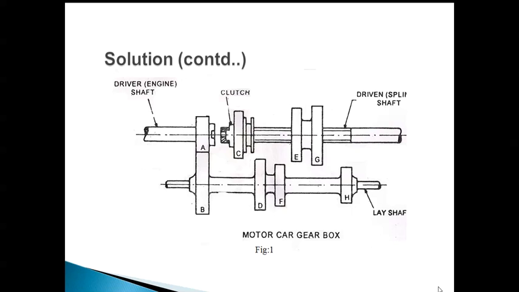The power is transmitted from driver shaft to driven shaft with an intermediate or compound shaft, that is the lay shaft. If there is no reduction in speed, the driver shaft is directly connected to the driven shaft using a clutch. So direct attachment will be there, then the power is transmitted in 1:1 ratio.